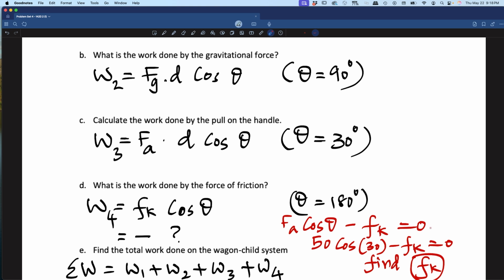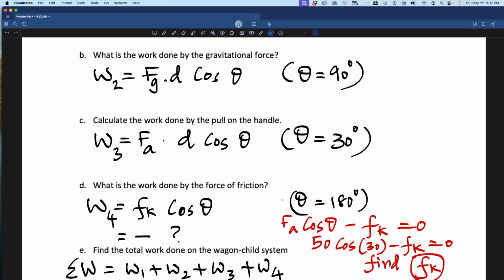Why minus? Because friction is opposite. It's on the negative x. So now, this is 50 cosine 30 minus friction is 0. Now you can solve this equation to find friction. So do that first.